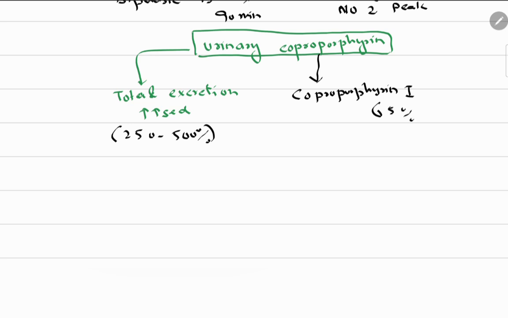Here, the predominant will be type 1, that is greater than 65%. Again, it's a benign condition and no treatment is required in Rotor syndrome.